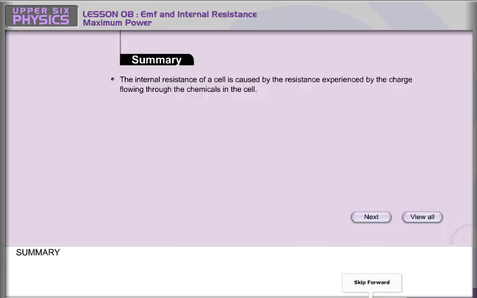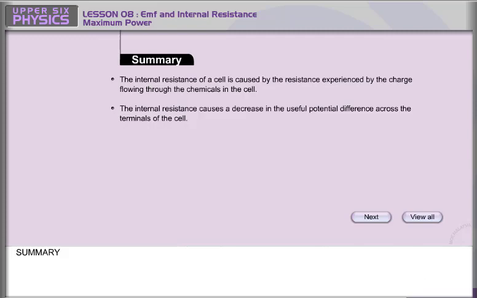Summary. The internal resistance of a cell is caused by the resistance experienced by the charge flowing through the chemicals in the cell. The internal resistance causes a decrease in the useful potential difference across the terminals of the cell.